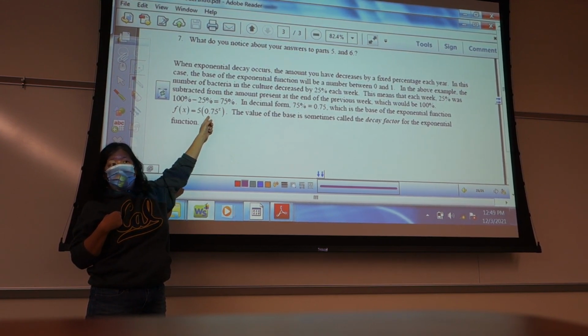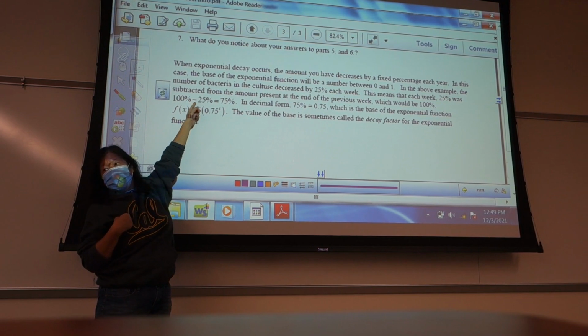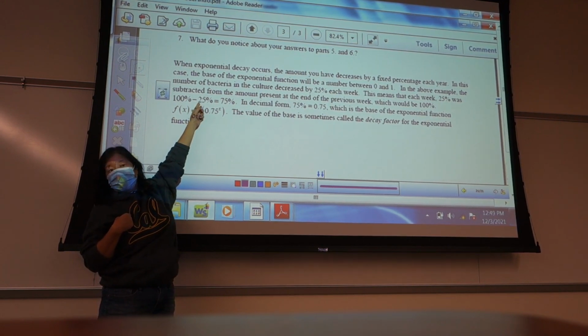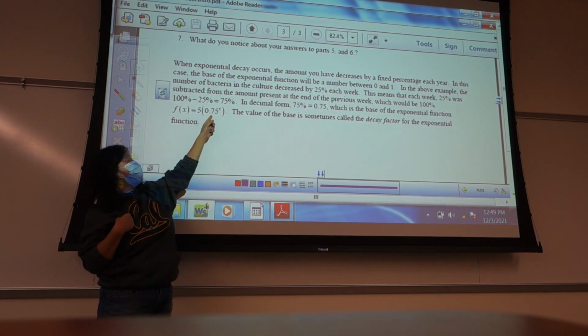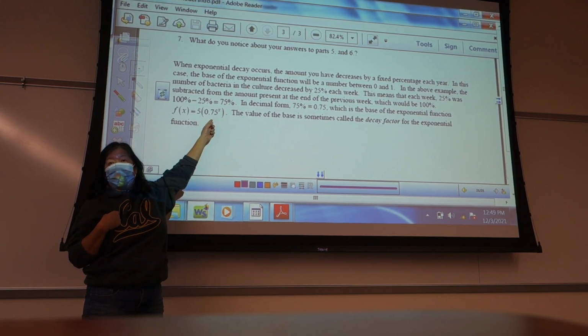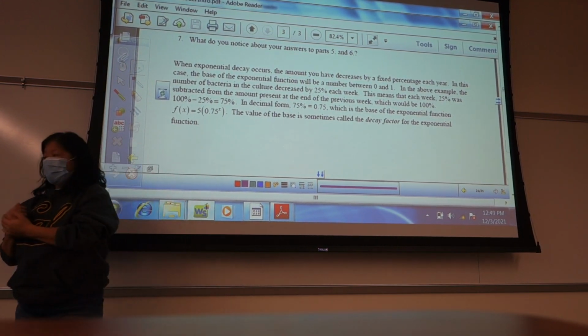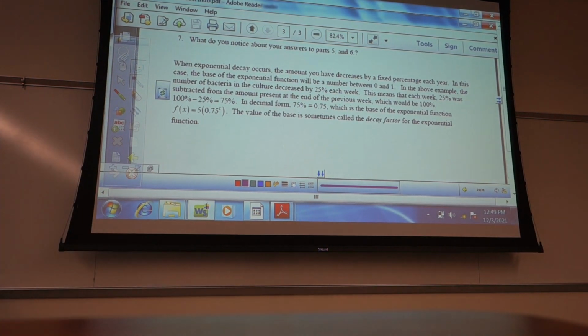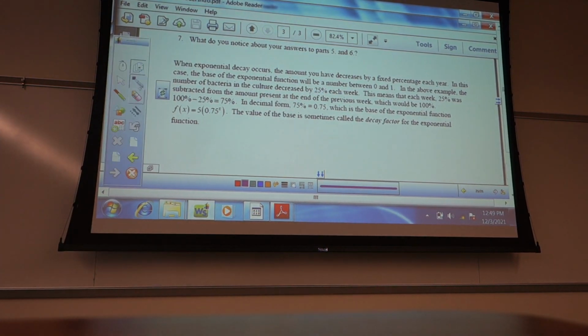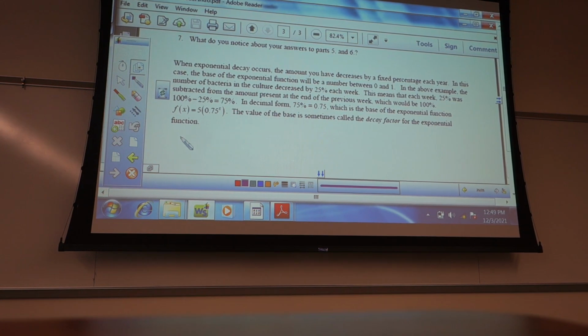And see the difference? The rate is how much you're losing. My rate is negative 25%. My factor is 0.75. That's what I'm multiplying, 0.75. So we keep that in mind, that will help us in the future. So the rate is negative 25%.